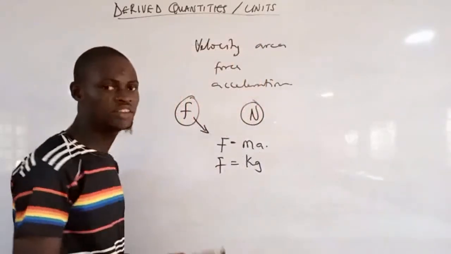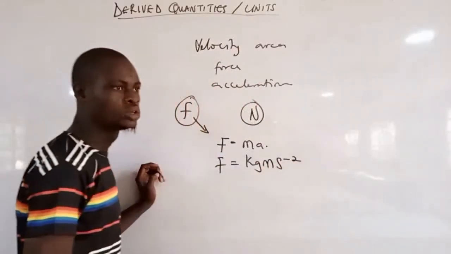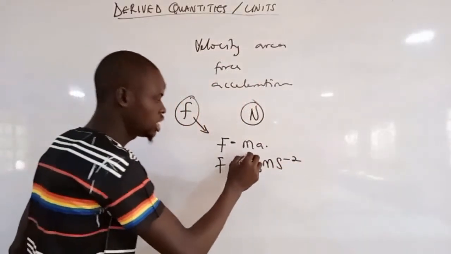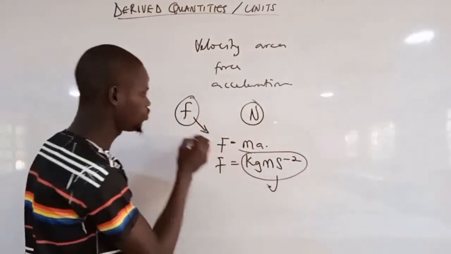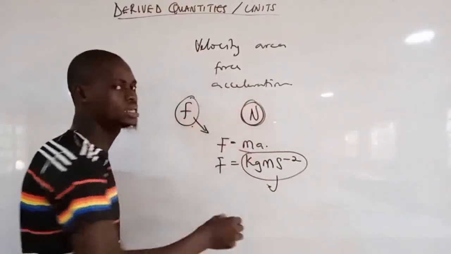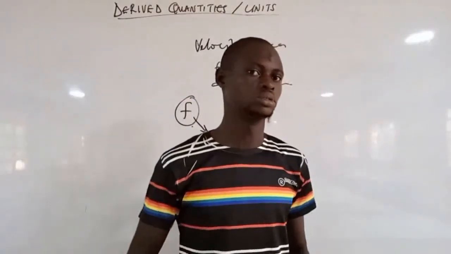So the unit of acceleration is meter per second squared. That means kilogram meter per second squared is the derived unit of force, while Newton is the normal unit of force. This is number 1.